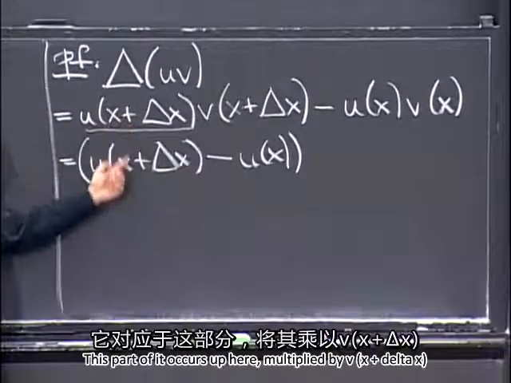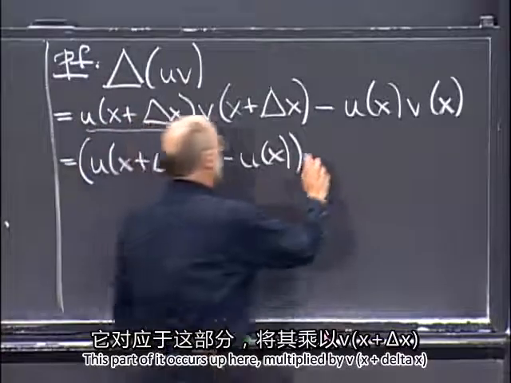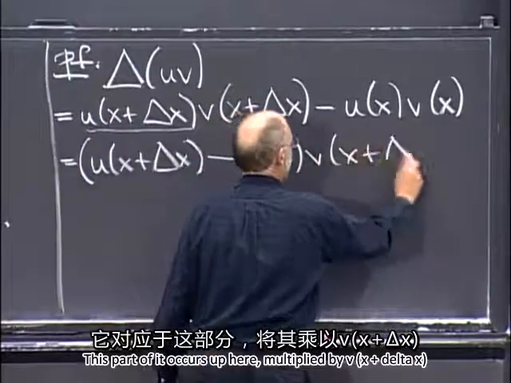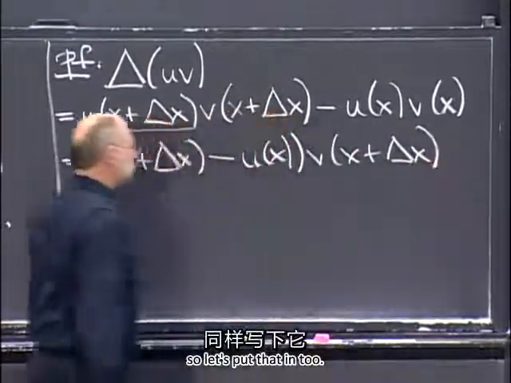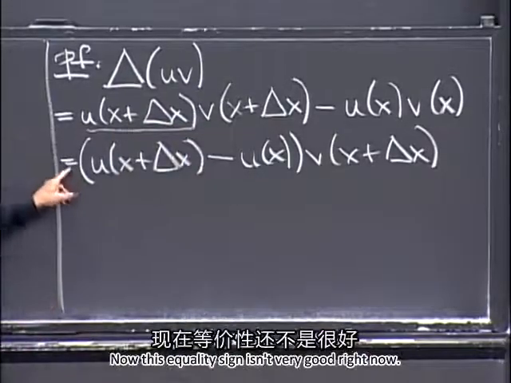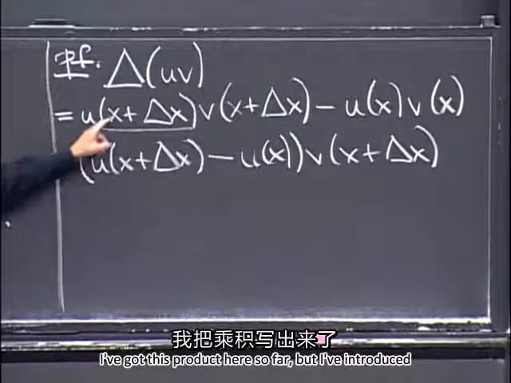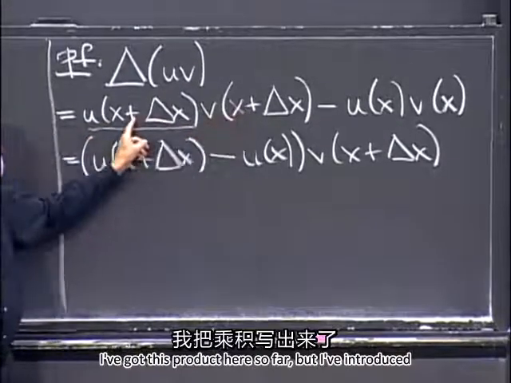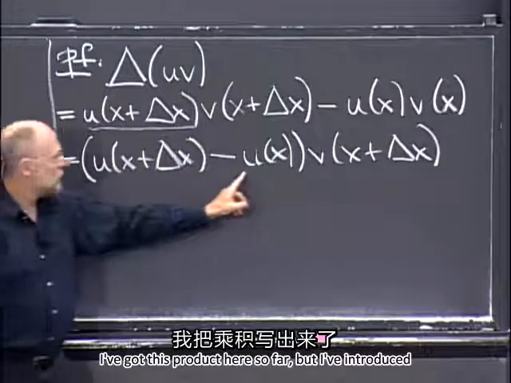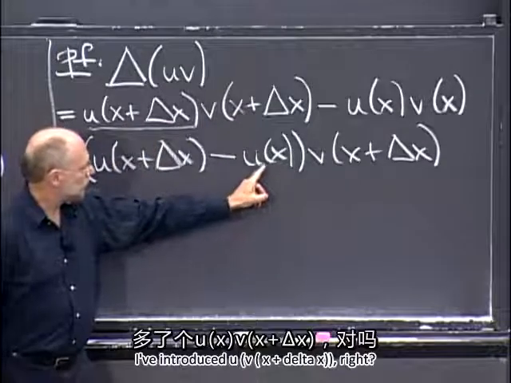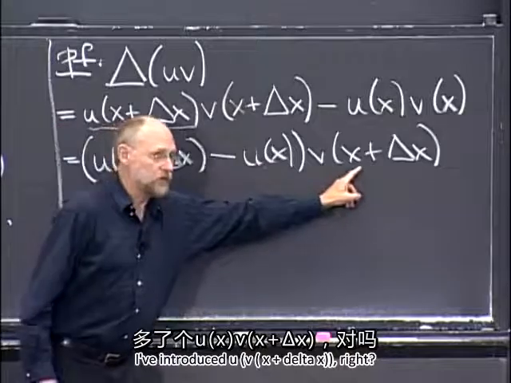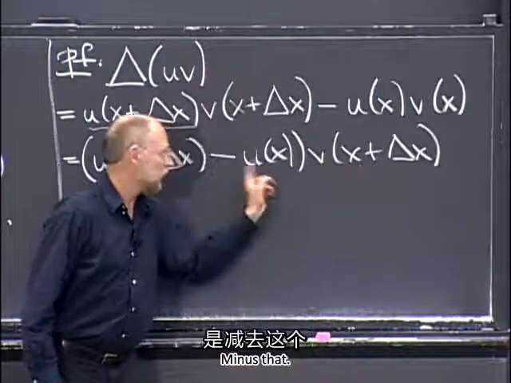It occurs, this part of it occurs up here multiplied by v of x plus delta x. So let's put that in too. Now this equality sign isn't very good right now. I've got this product here so far, but I've introduced something I don't like. I've introduced u times v of x plus delta x, minus that.